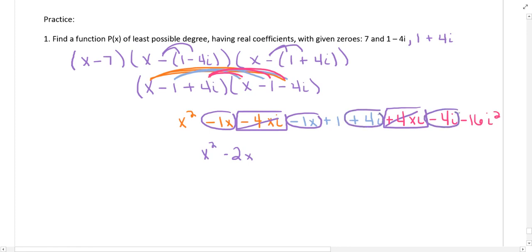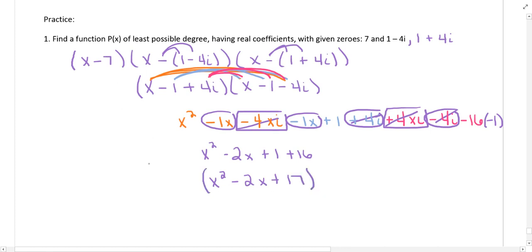These are going to cancel each other out. You have the positive 1. And you have negative 16i squared. Remember, i squared is negative 1. So this is negative 16 times negative 1, which gives you plus 16. So this is x squared minus 2x plus 17.